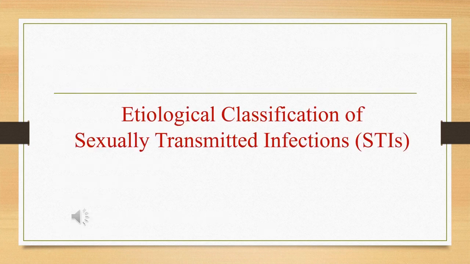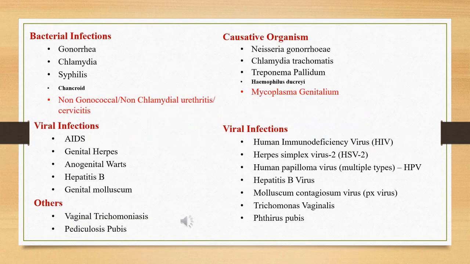Classification of STIs. STIs can be classified on etiological basis and syndromic basis. Etiological classification of STIs includes bacterial infections, viral infections, and parasitic infections.